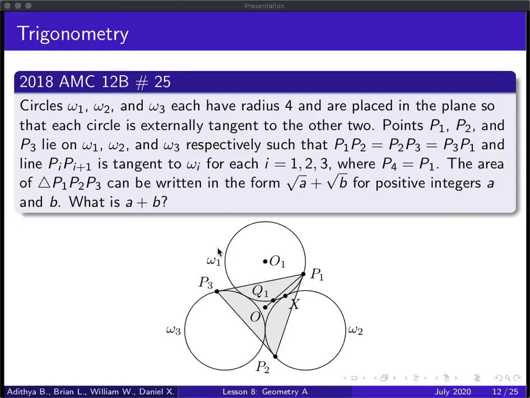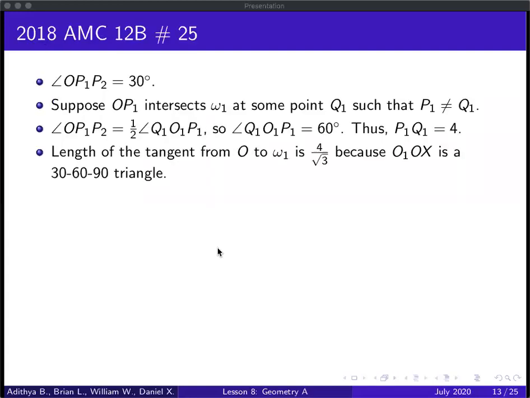So that means it has to be tangent. We know that O1XO is equal to 90 degrees, but do we have any other angle relationships that we can use here to find the value of OX? Actually, we can say more about this diagram.